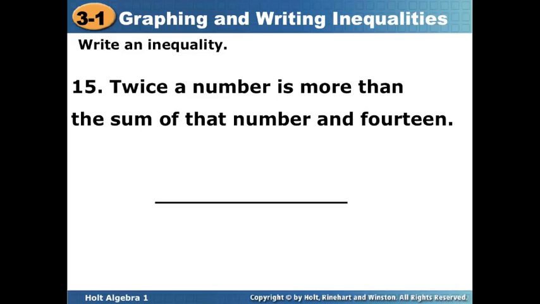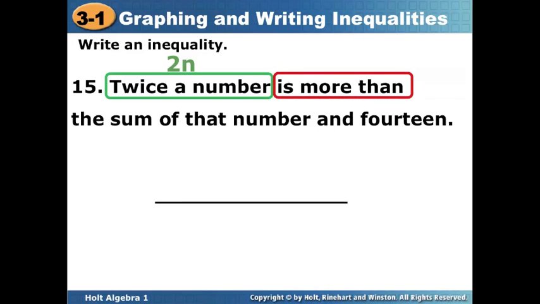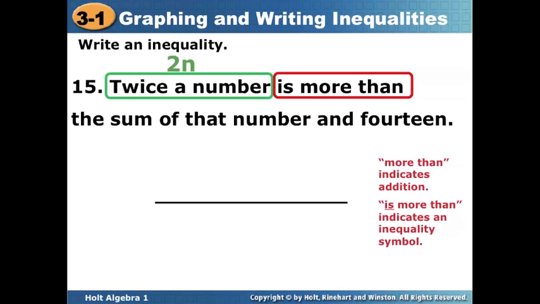Example number 15. Copy this to your paper. We have twice the number is more than the sum of that number and 14. Twice the number. Twice means 2 times, so we'll do 2 times a variable. Is more than. Notice the word is followed by the words more than is going to be an inequality symbol.